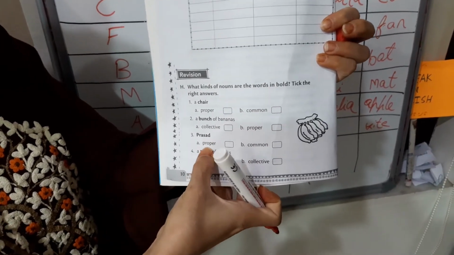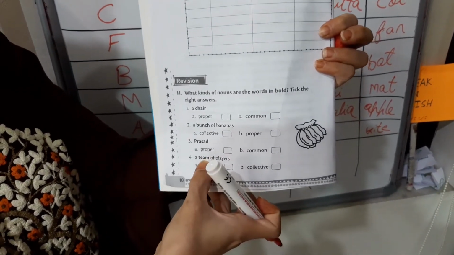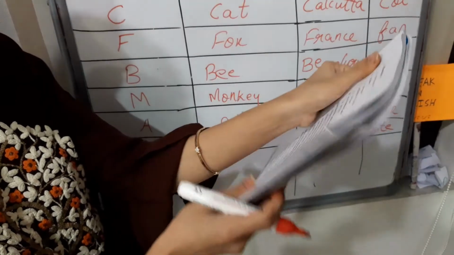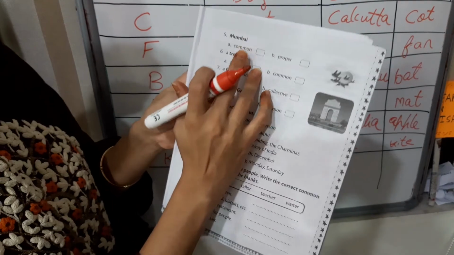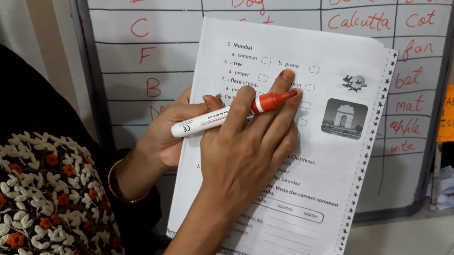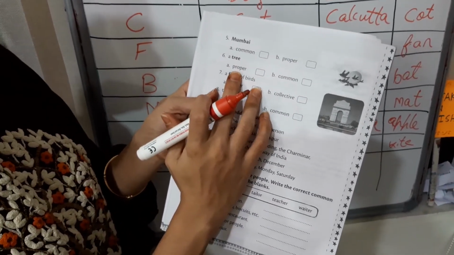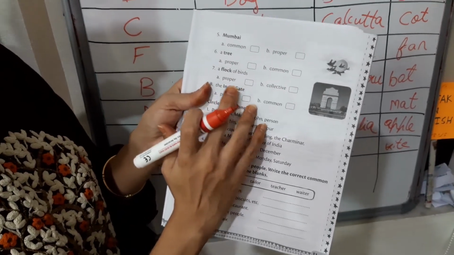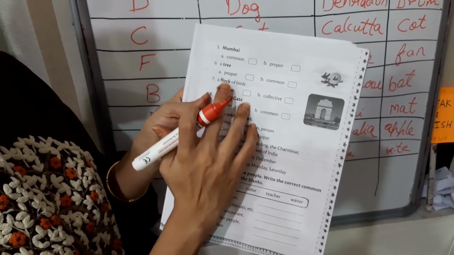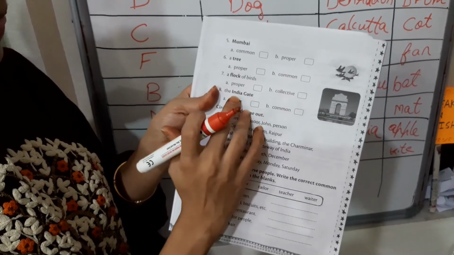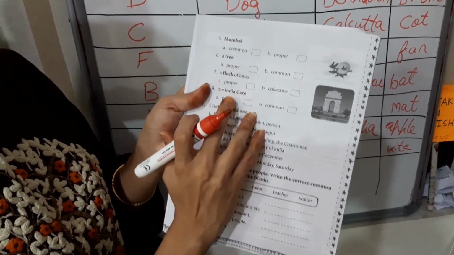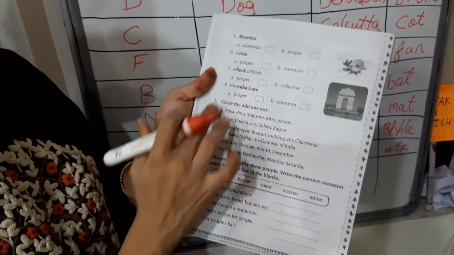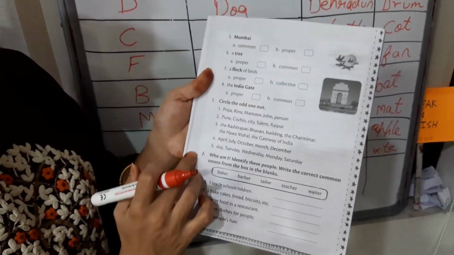Prasad. It's a proper or common. A team of players. It's a proper or collective noun. Mumbai. It's a common or proper noun. A tree. Proper or common noun. Flock of birds. So flock is proper or flock is a collective noun. The India Gate. It's a proper noun or common noun. This you have to tick. You have to do both I and J also.